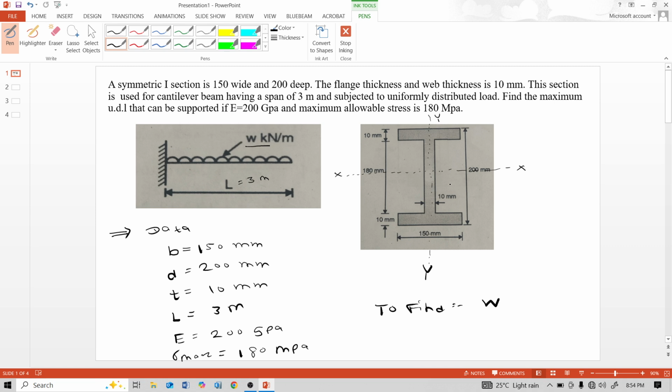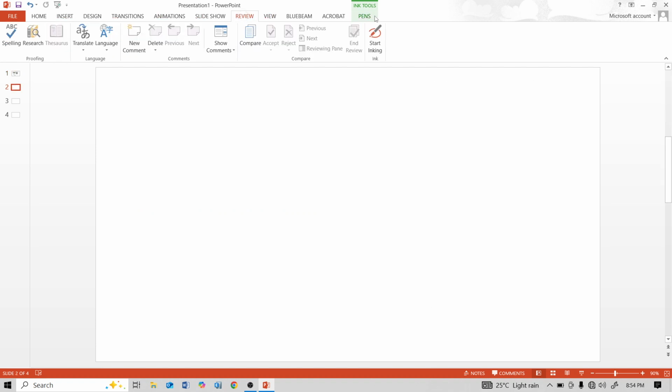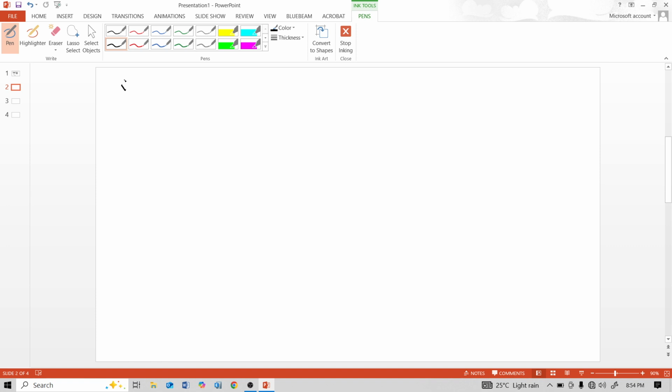After this, the next step is to calculate the moment for this cantilever beam and equate the moment with the moment of resistance, and we get this W. So step by step we solve it. First step is the position of the neutral axis, denoted as Y bar.